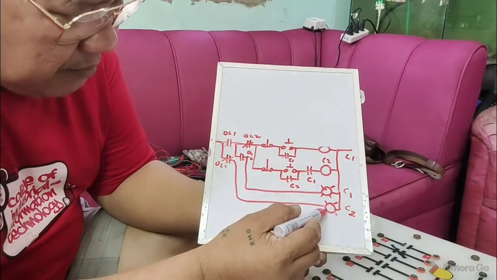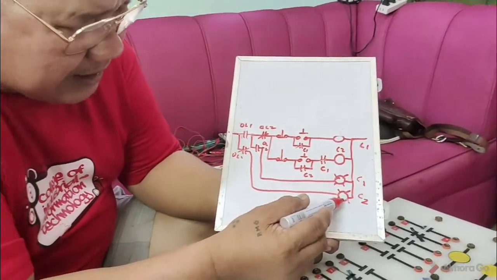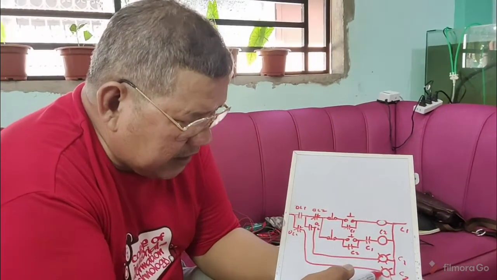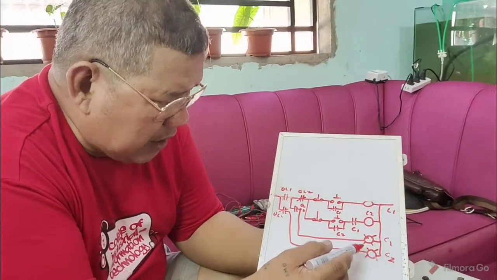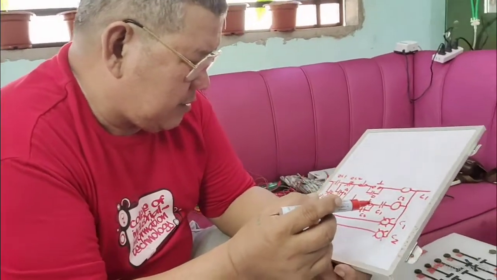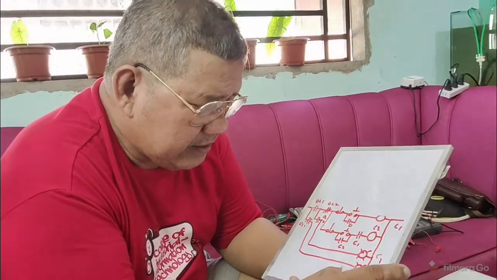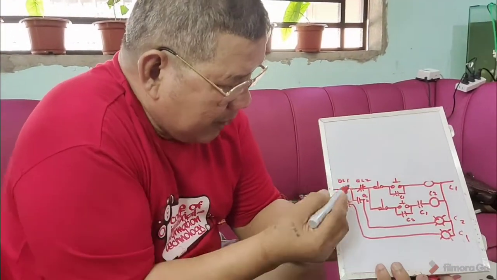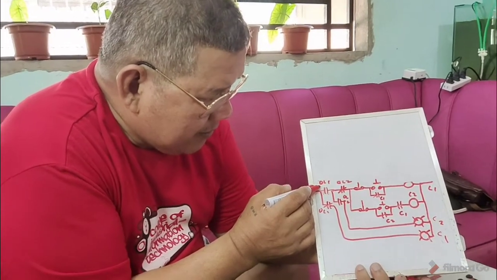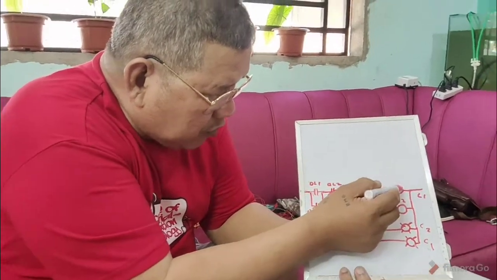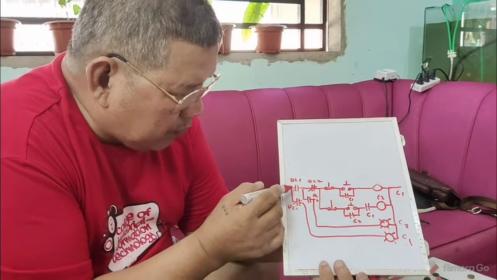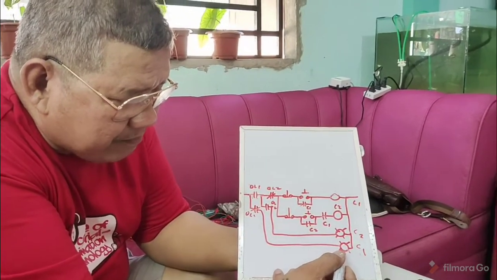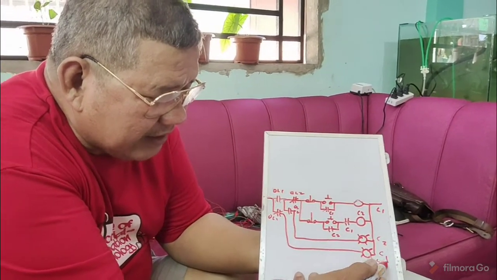So if trip lamp number 2 lights, it means the trouble now is conveyor number 1. This is your OL1. An overload occurs here, so the overload contact opens, and then the overload trip lamp number 1 lights.